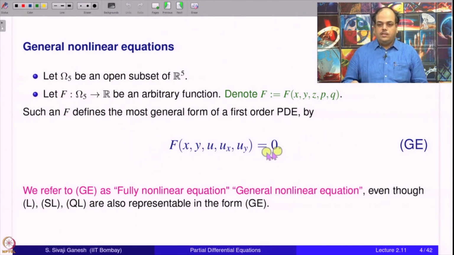Though we know that this class GE contains in it linear equations, semilinear equations and quasi-linear equations, we refer to this kind of form of general equation as a fully nonlinear equation or general nonlinear equation.